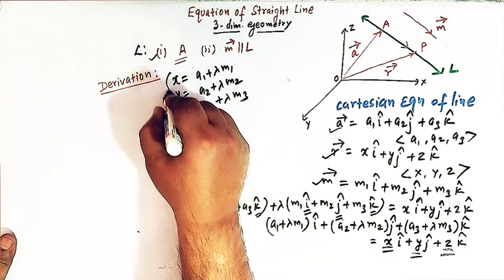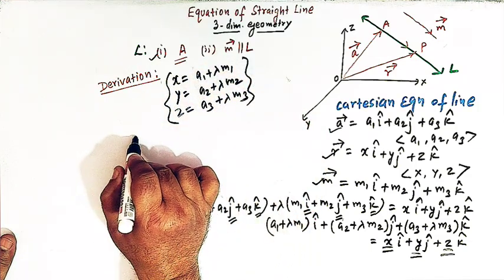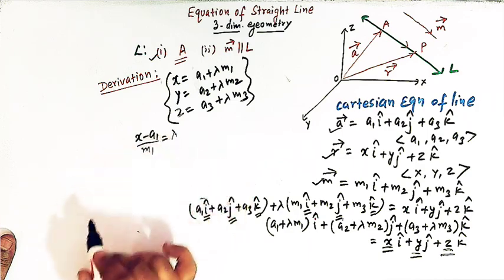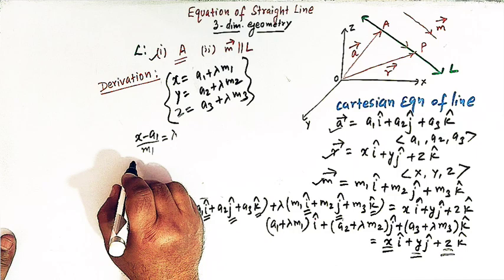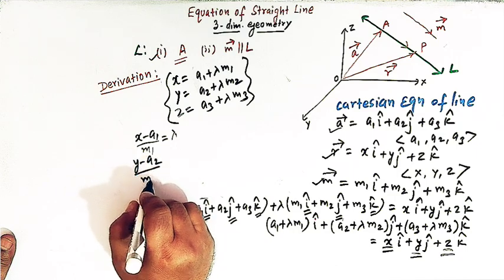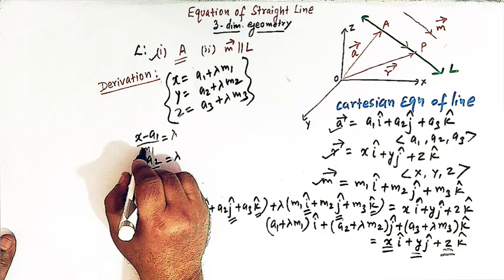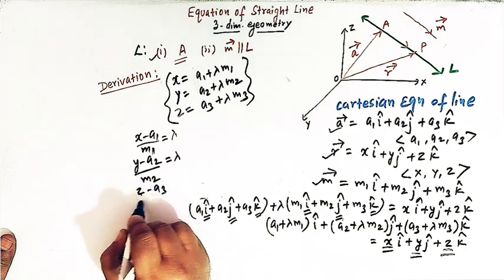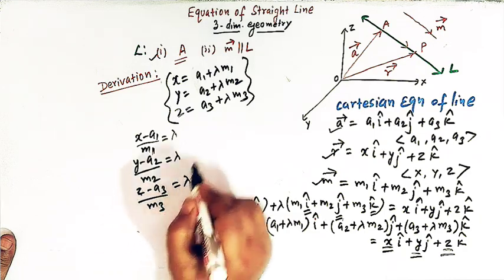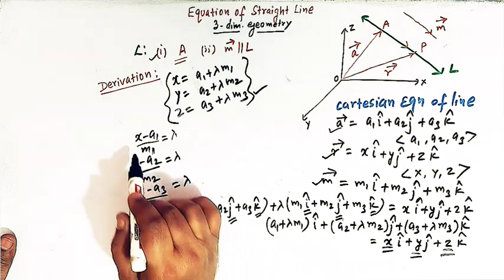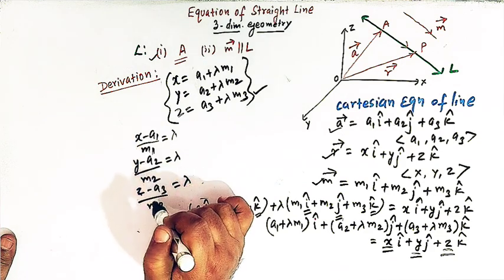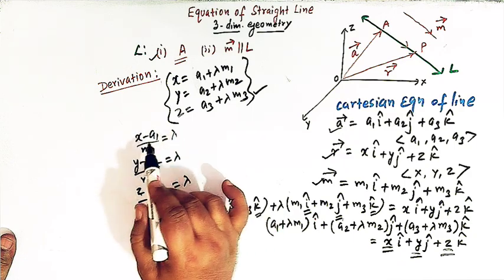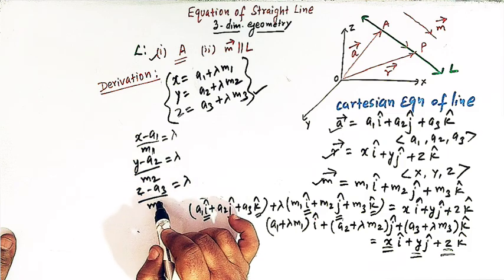We can also rewrite these equations as x minus a1 over m1 is equal to lambda, then y minus a2 over m2 is equal to lambda, and z minus a3 over m3 is equal to lambda. Now we can see that all these expressions are equal to the same scalar lambda, so we can equate all three expressions together.